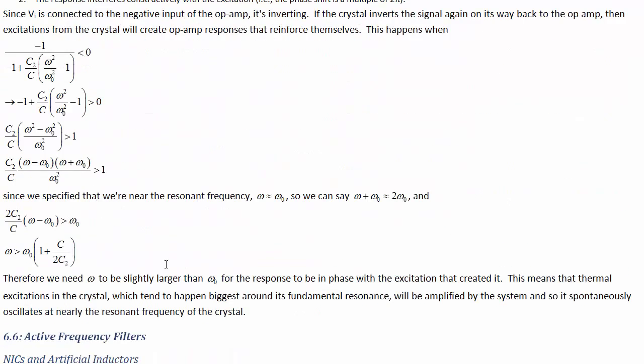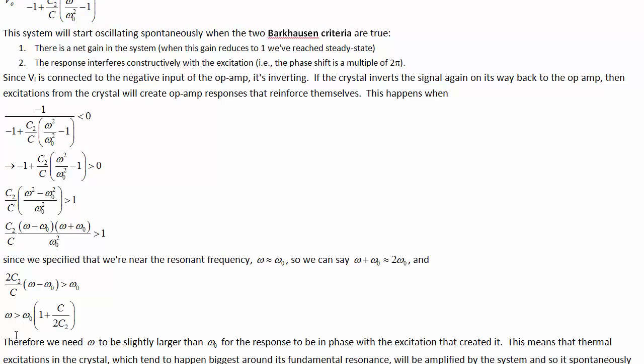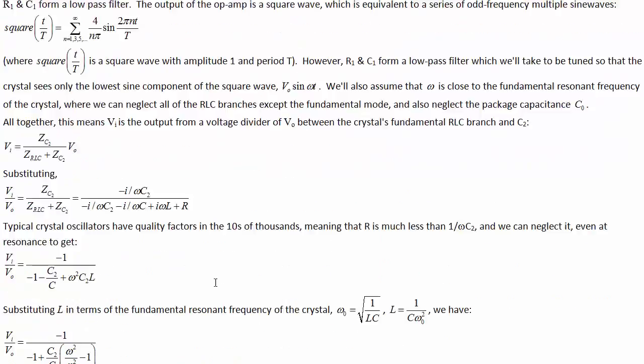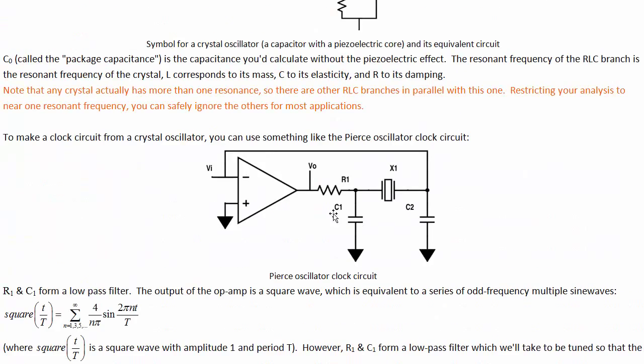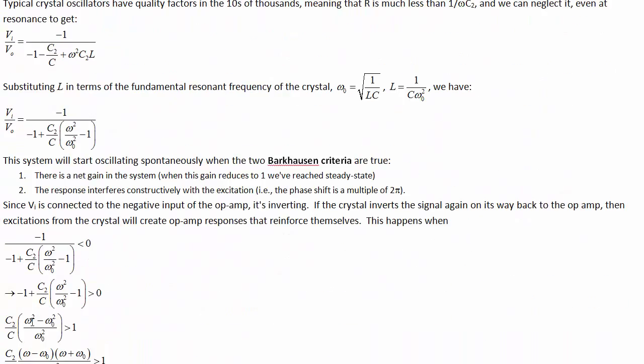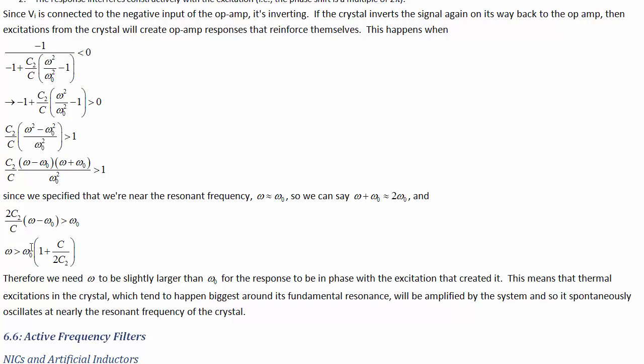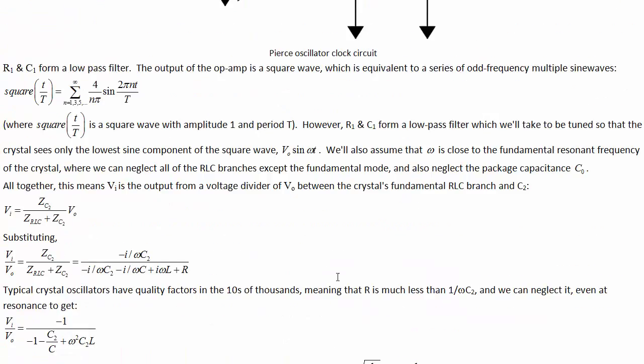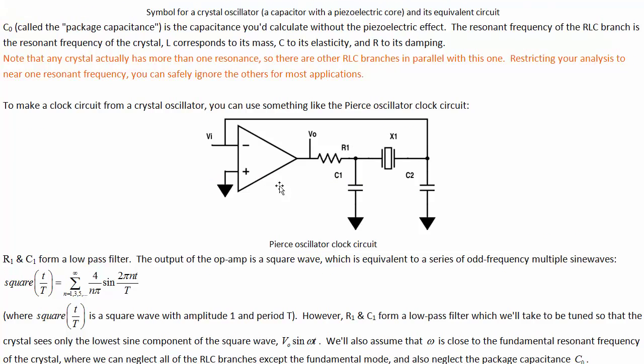At actually the resonant frequency of the crystal, we don't have the responses in phase with the signals that created them, so those oscillations tend to die out. But at as close to the resonant frequency as possible, so as low as we can get, which would be exactly omega naught times 1 plus C over 2 C2, those signals will be amplified quite a lot by the op amp, and so this just starts spontaneously generating that square wave.